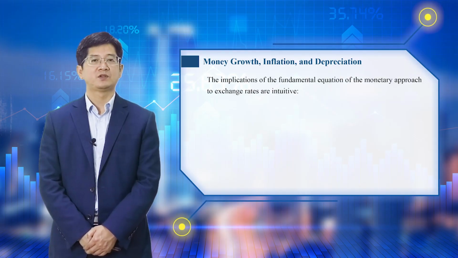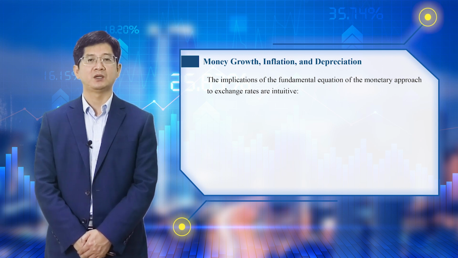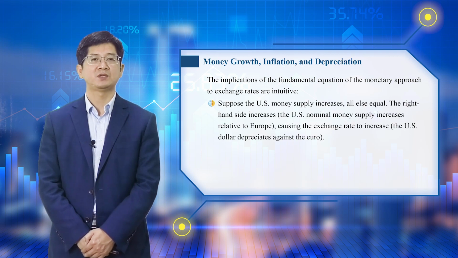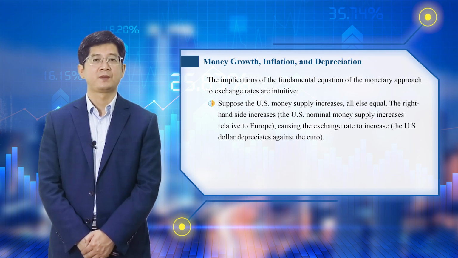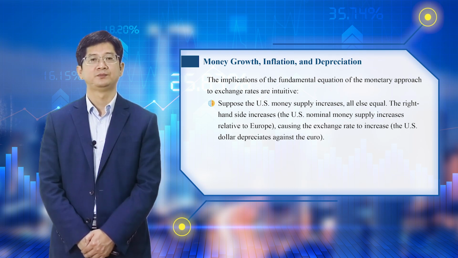The implications of the fundamental equation of the monetary approach to exchange rates are intuitive. Suppose the US money supply increases, all else equal. The right-hand side increases. The US nominal money supply increase relative to the euro causes the exchange rate to increase, meaning the US dollar depreciates against the euro.